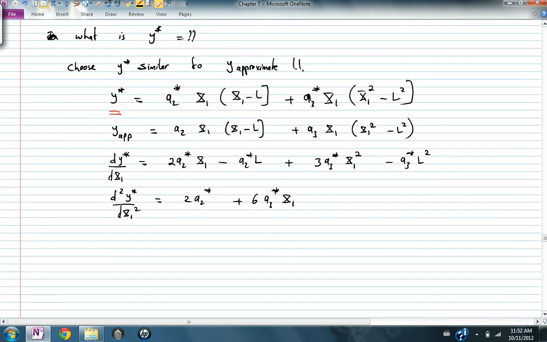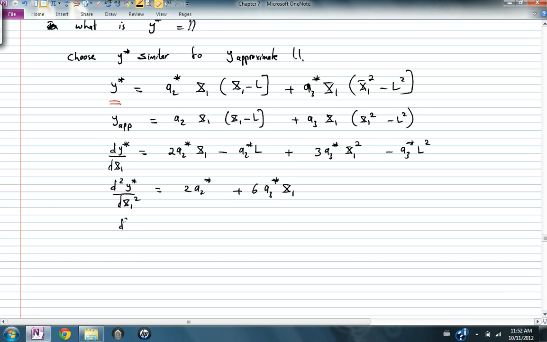And similarly, the second derivative of the approximate solution that we're looking for with respect to x1 will also be equal to 2 A2 plus 6 A3 x1.